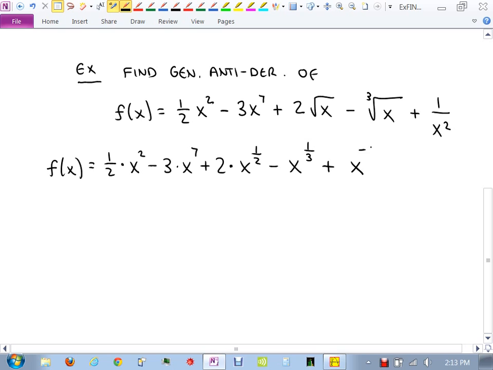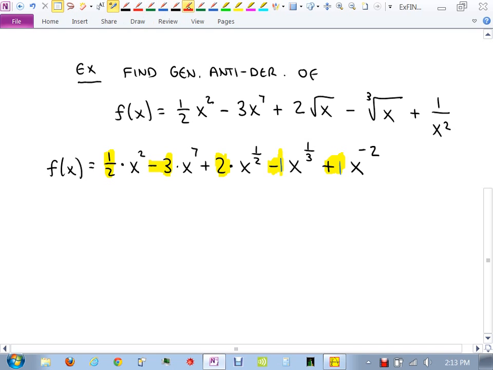X to the negative 2, right? Now I'm going to highlight where I have constants in front of functions, right? We're almost looking at this like there's a 1 there and a 1 there, right? So those are all my constants sitting in front of my powers.